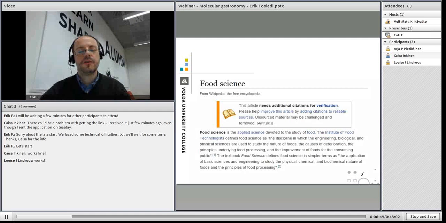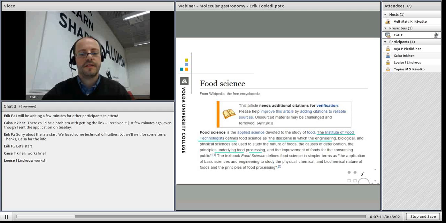So that was just one example. And I said that I was going to talk about the intersection, the meeting between food and science. So let's go to Wikipedia, or you could go to another encyclopedia as well, to see how food science is defined. Well, if you look in this encyclopedia, it gives some hints towards which direction food and science is collaborating.